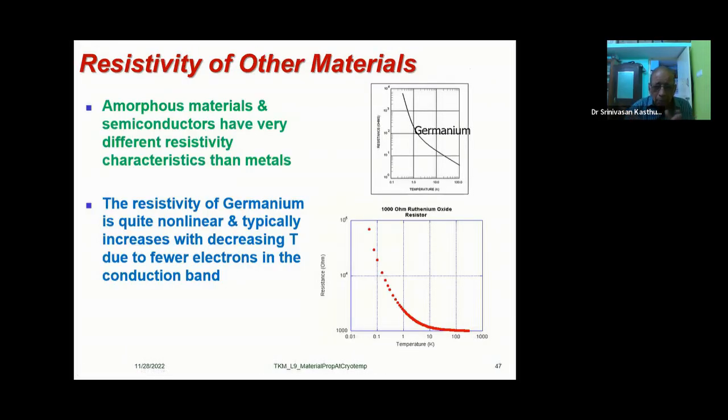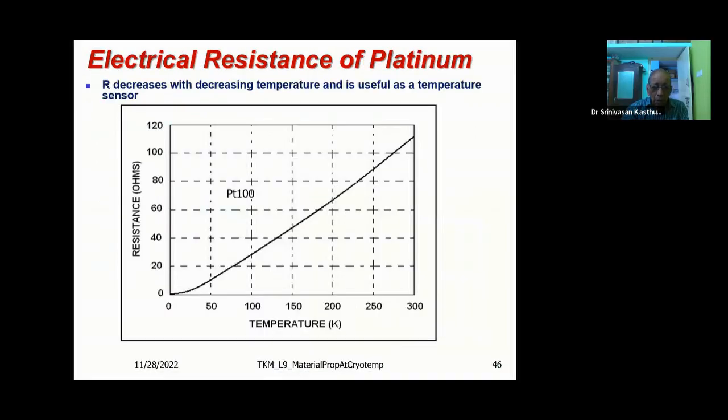You can also use other materials. For example, amorphous metal materials or semiconductors, etc. They can also be used for temperature measurement, but their resistance values are completely different. For example, they have an opposite behavior. See, in the case of metals, you normally see the resistance decreases with the decreasing temperature. You see, it starts from here and keeps on decreasing.